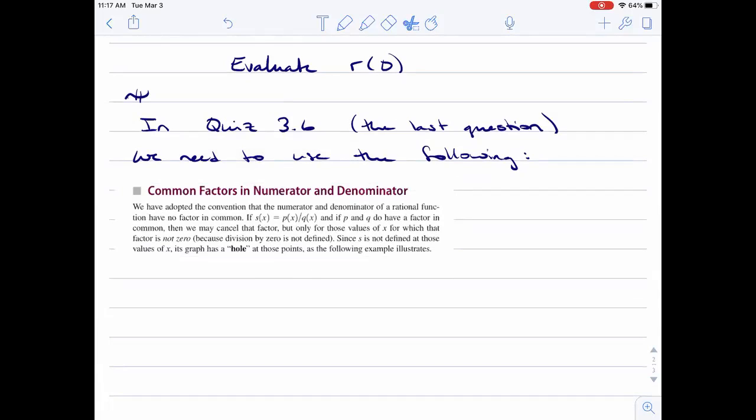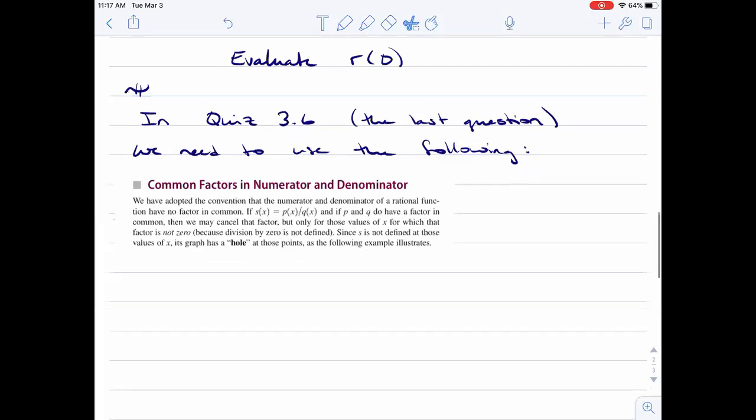All along we've had little notes saying we're assuming that P of x and Q of x don't have any common factors. If we're able to simplify and find common factors, then we would be able to cancel those. But we actually can't have those values of x in the denominator because they would make it 0. And so what that translates to in the graph is just a hole in your graph.